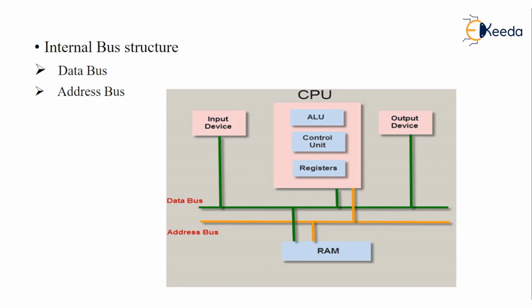In a microcontroller, each thing has its own address. If I want to access something, I have to give the address of that memory location, and that address is carried by the address bus only. So the data bus and address bus are different and allocated separately. That's why the microcontroller is faster in application.